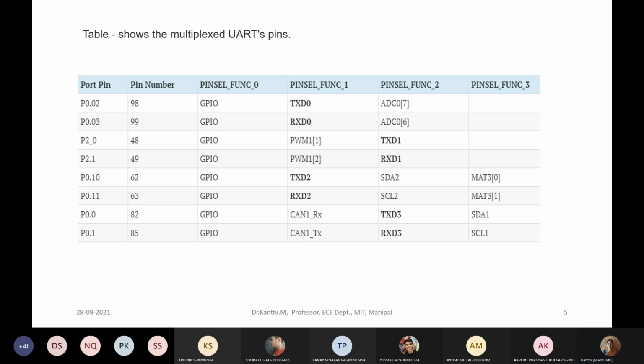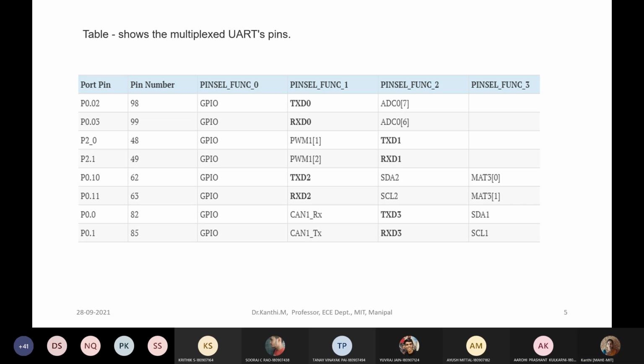These are the GPIO pins, and the pin select functionalities are given here. If you look at this table, TXD0 is multiplexed with ADC 07, and RxD0 with ADC 06.